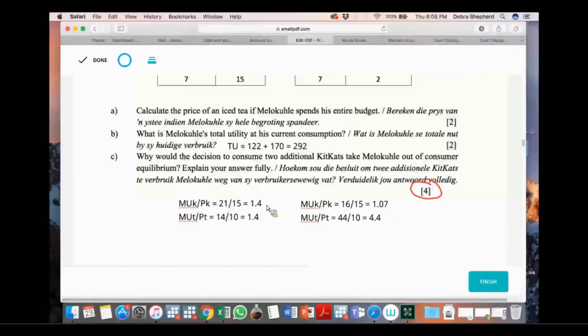So although he started off in equilibrium, through making this decision to increase his consumption of Kit Kats, has taken him out of equilibrium and to a point where he should actually be consuming more iced tea and less Kit Kats.